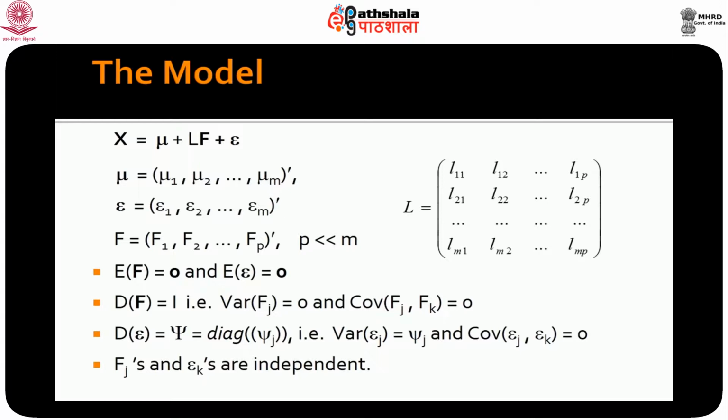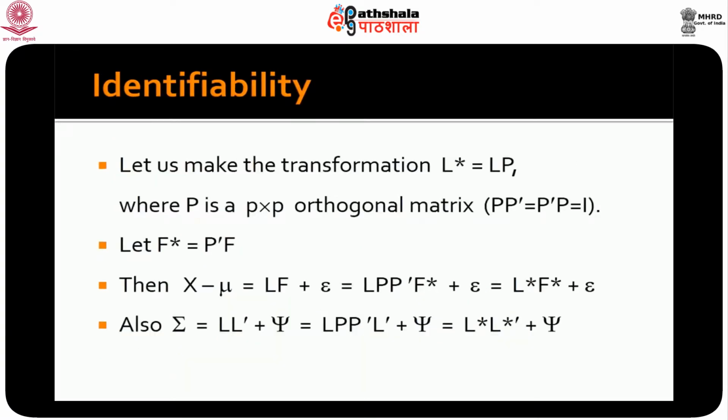These are the common factors, whereas epsilons are the specific factors which can be taken to be the error of the model as well. And also remember that the expected value of x is mu and the dispersion of x is sigma, which is L L prime plus psi.